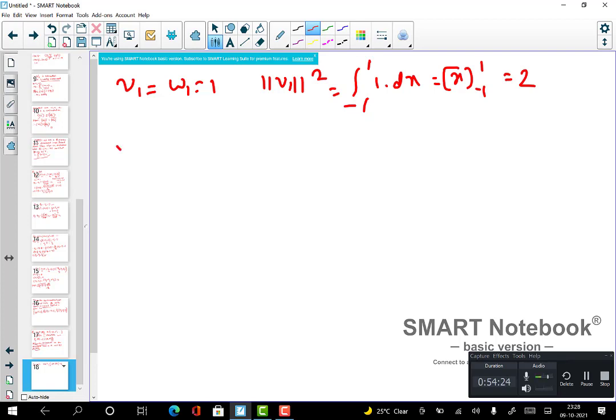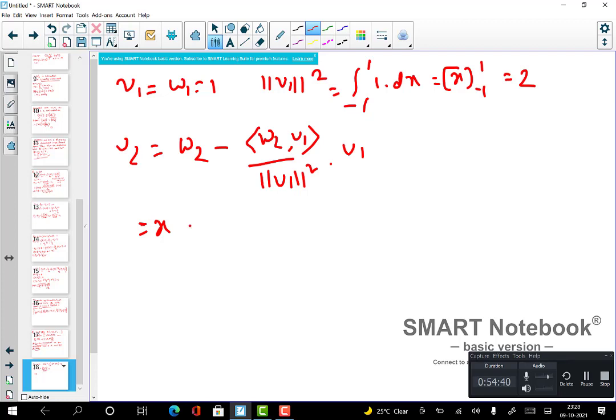So now v2 you find as w2 minus the inner product of w2 with v1 divided by the norm of v1 square, into v1. What was w2? w2 was x, and then this is the inner product of x with v1, which is 1, divided by 2, into v1, which is 1.